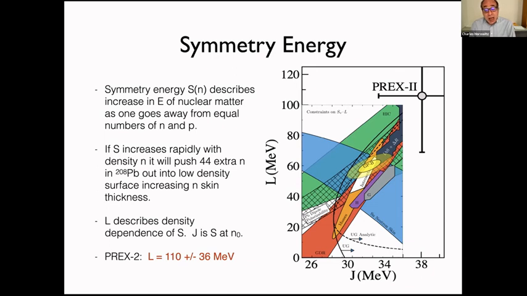And let me just comment on one. The blue band, which is very different from the others, is what I would claim is a model-dependent determination of the neutron skin in tin, and this is from proton-nucleus elastic scattering.